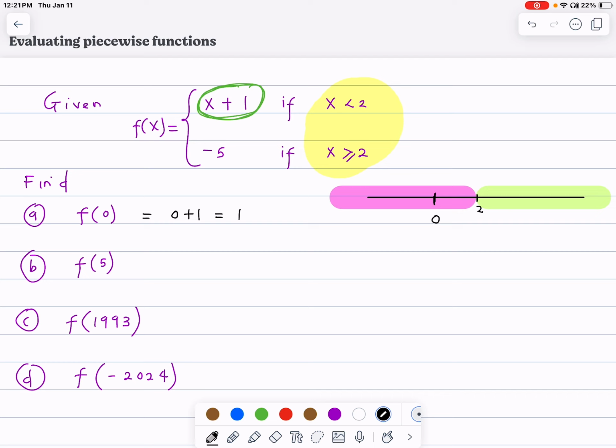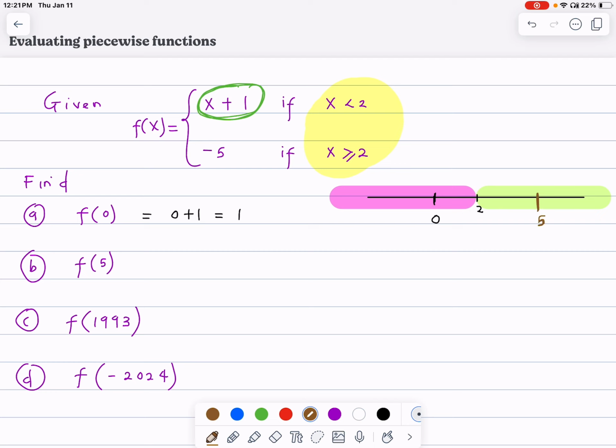What about f of 5? What part of the function am I going to consider? Where does 5 fall? 5 falls on the right side of 2 on the number line.